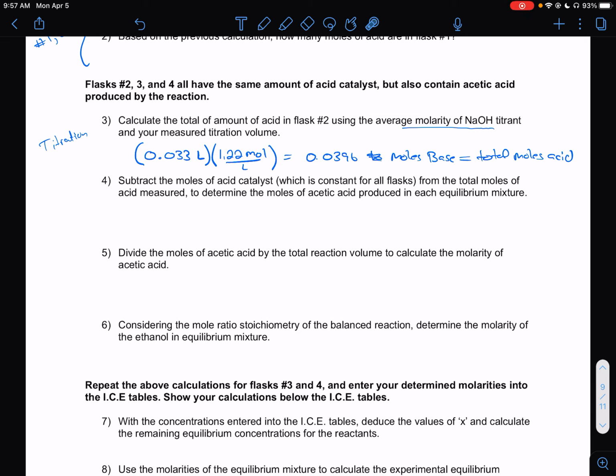Now, that's the total moles of acid, which has two components. It has the acid catalyst and the acetic acid, right?